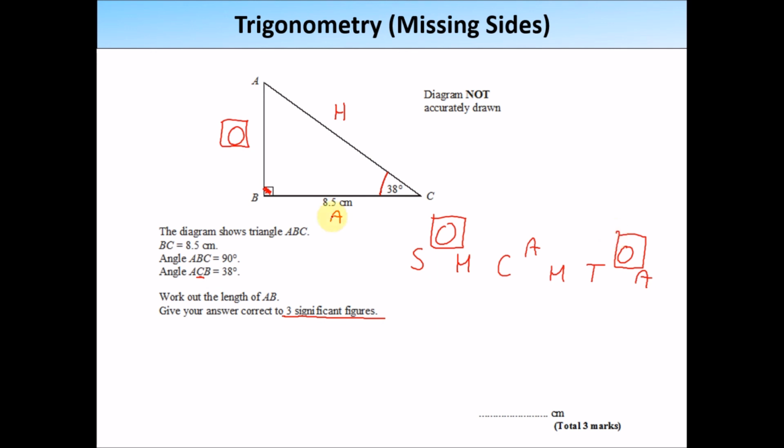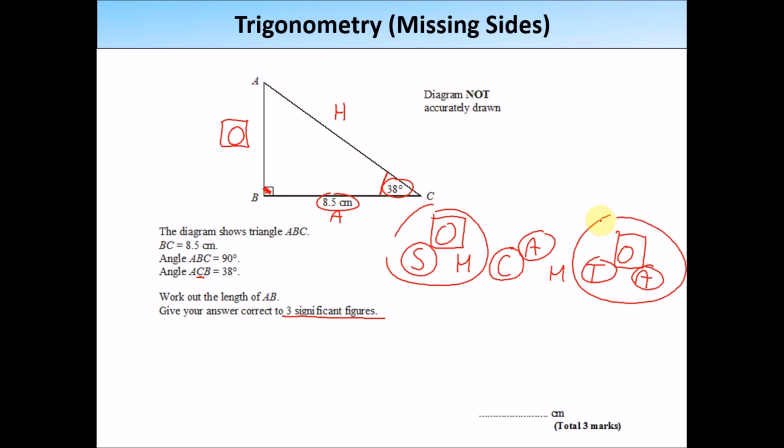So I know the angle, which means I can put a circle around S, C and T. And I also know the adjacent side, A, so I can put a circle around A. Now, we're trying to find O, so it must be either that one there or TOA over there. But if you look at TOA, I already know that one and I already know that one, so that means I can use this formula.